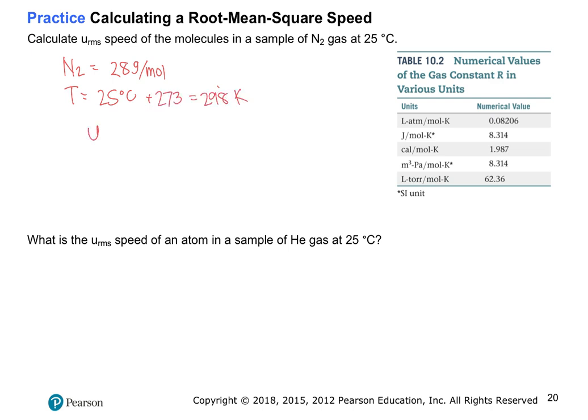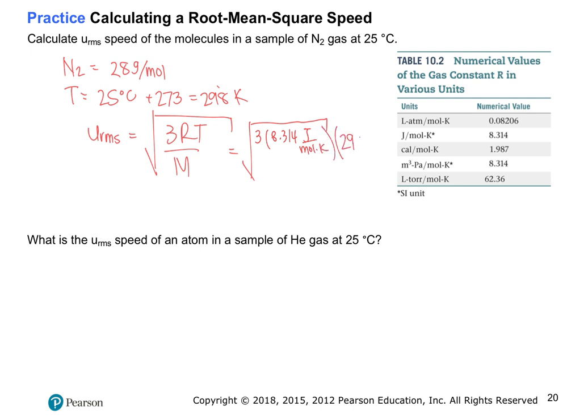So if we do u_rms equals the square root of 3RT over M, we'll plug that in with our values. So we get 3 times, and remember we're using the other R, which is 8.314 joules per mole Kelvin. And then our temperature is 298 Kelvin.